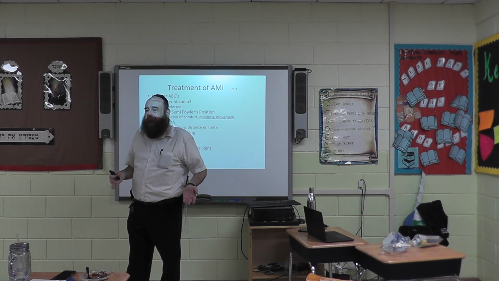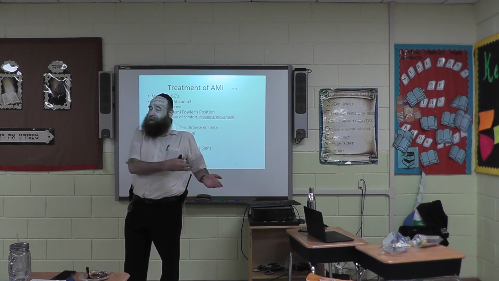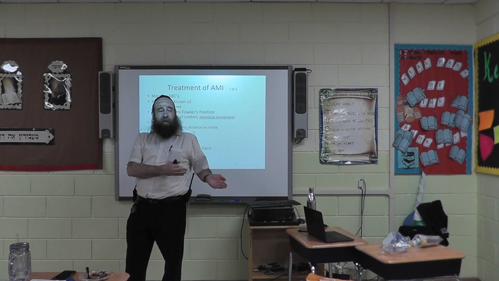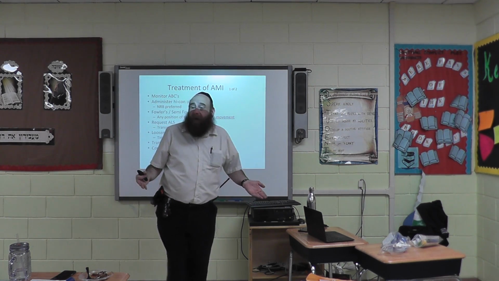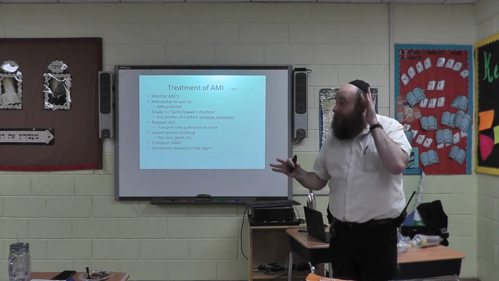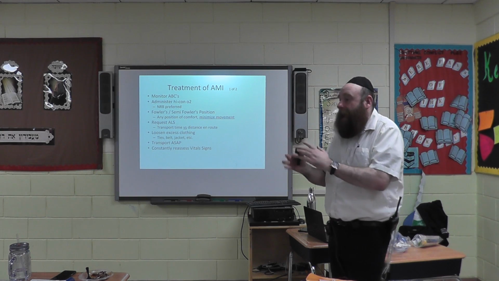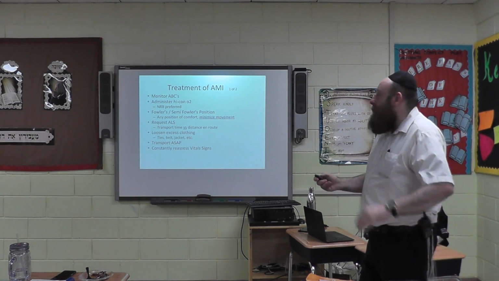We have a blockage where? In the coronary arteries, right? Blood pressure is the pressure that the blood is exerting on the wall. The pump is still pumping. Unless it's big enough that it killed part of the heart and it can't pump anymore. That's going to be a whole different picture. So I just wanted to throw that out.